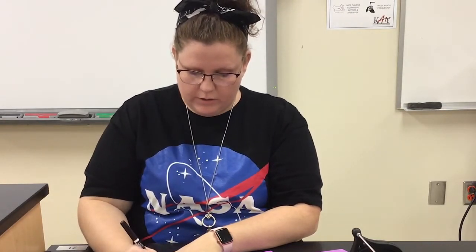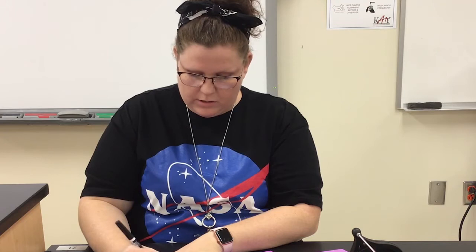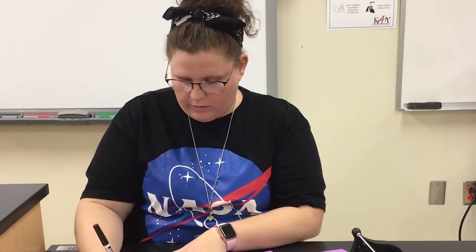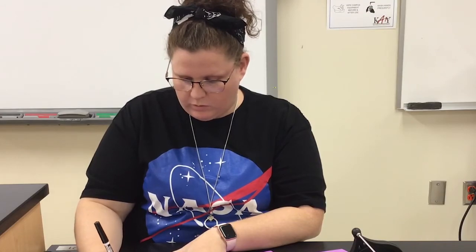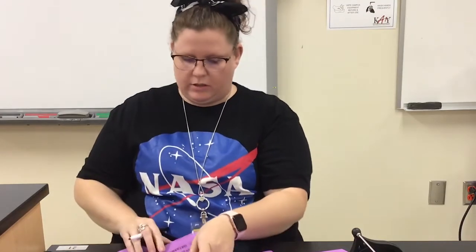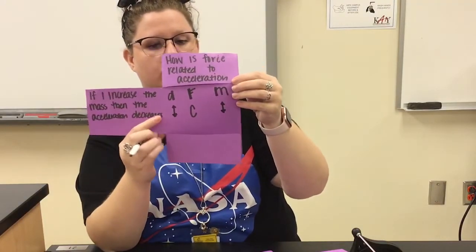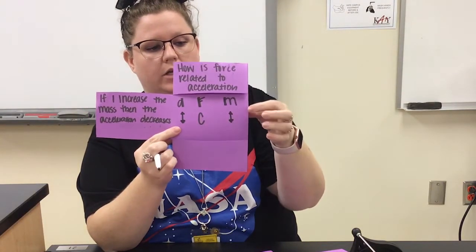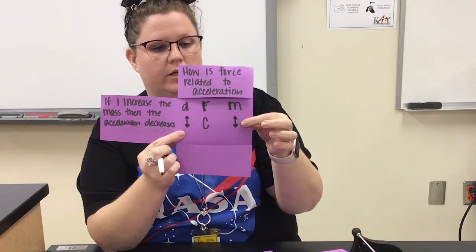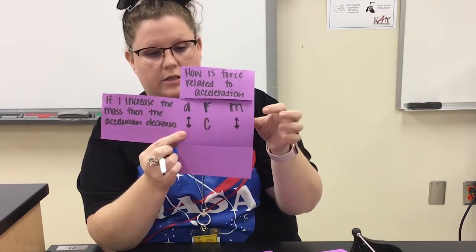They increase and decrease at the same amount, so our arrows will be increasing and decreasing the same. So my arrow under acceleration and the arrow under mass are the same.